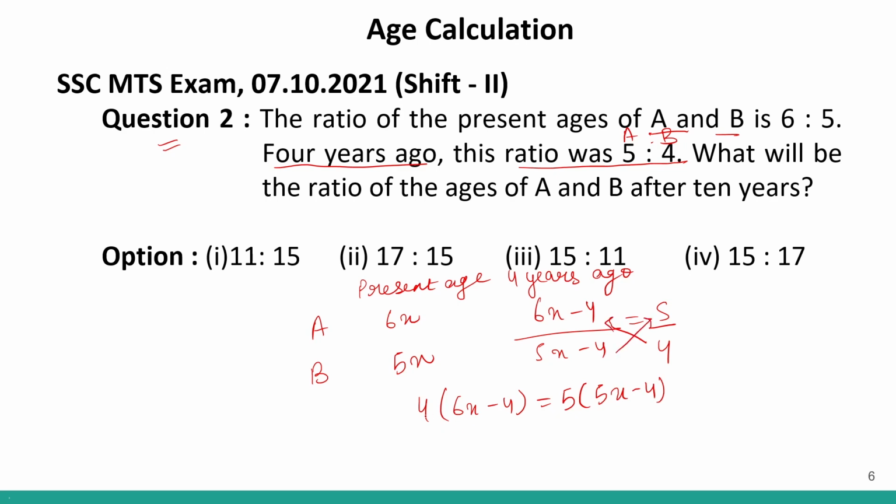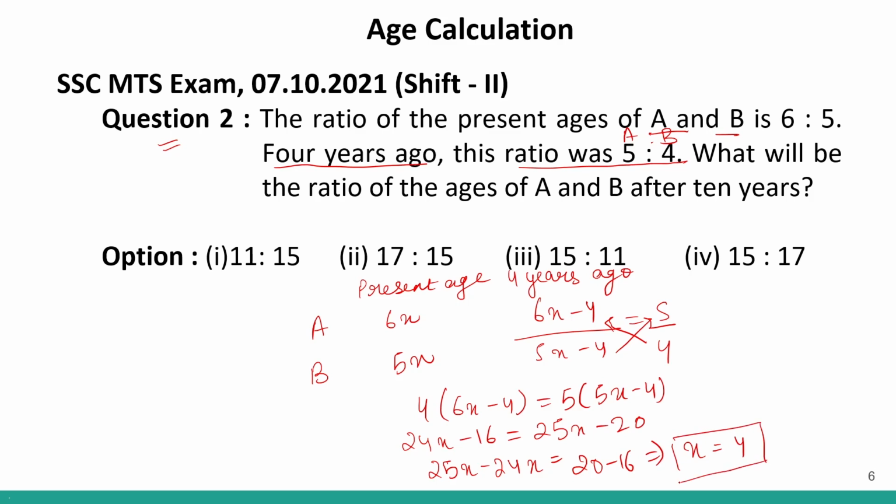So, if I open the brackets, this will be 24x minus 16 equals 25x minus 20. Correct? If I take 24x this side, 25x minus 24x, I would take 20 this side, it will turn positive. So, 20 minus 16 will give me that x is equal to 4. This will be the value of x.